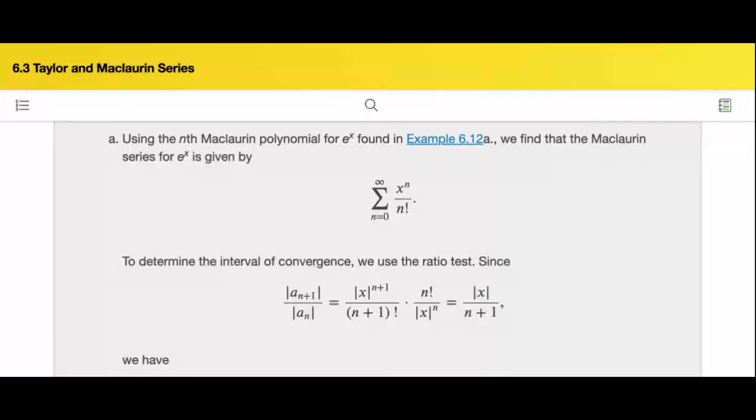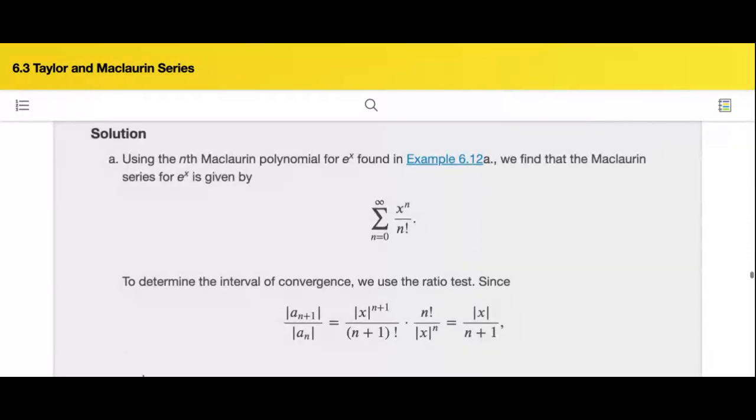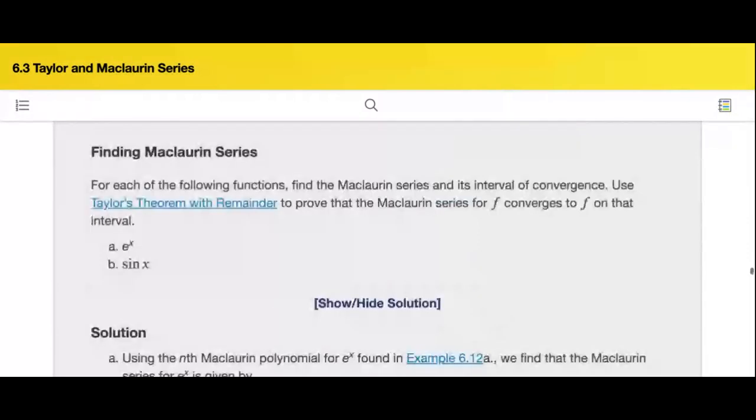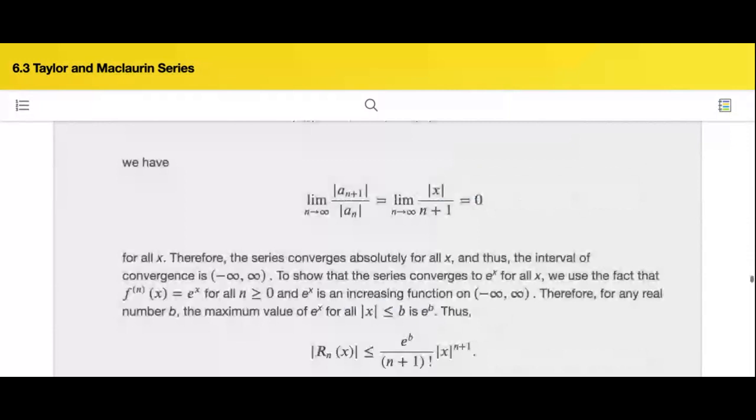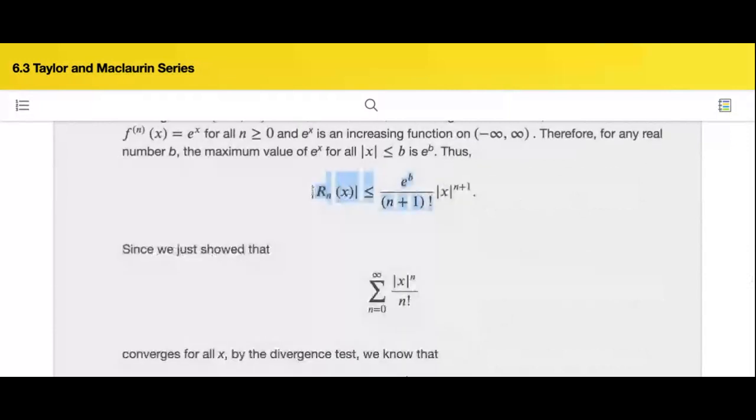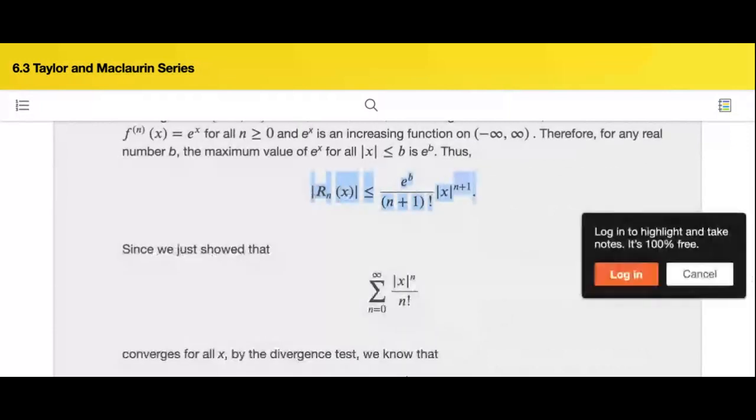How do we get to the Rn line? You mean this one? Let me highlight. This one? That's the definition. So Rn equals, what's Rn?